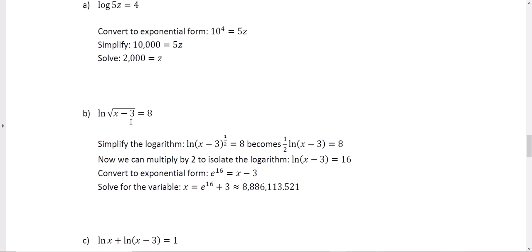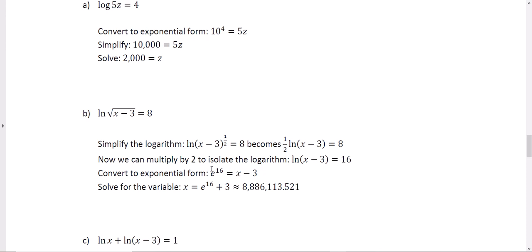So the first thing we're going to do is simplify the left-hand side. The natural log of the square root of x minus 3 is the same as the natural log of x minus 3 to the 1/2 power. And I'm still going to write equals 8 because I don't want to forget that this is an equation. So I rewrite just the left-hand side. But remember, the power rule tells us the 1/2 goes in front. 1/2 times the natural log of x minus 3 equals 8.